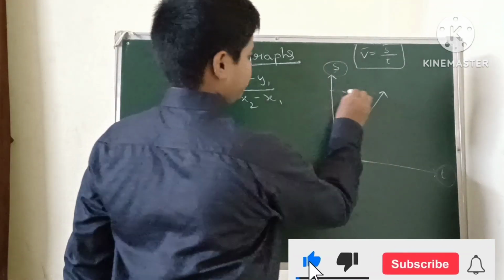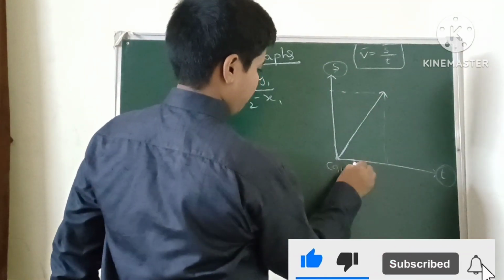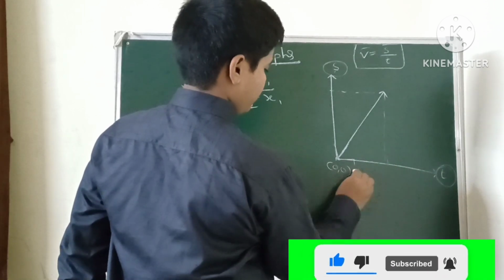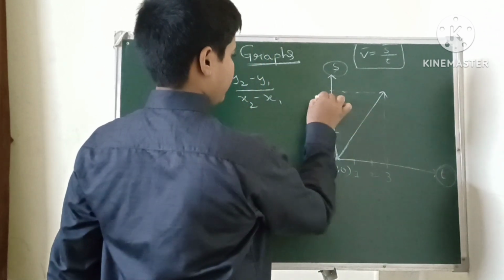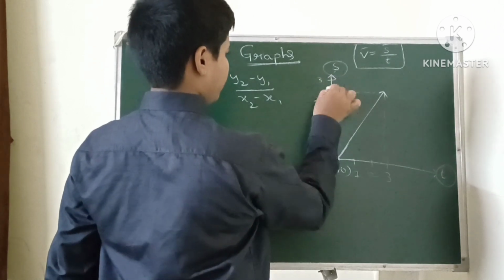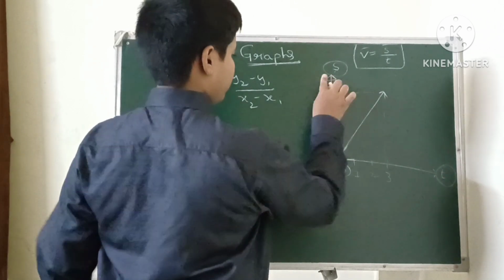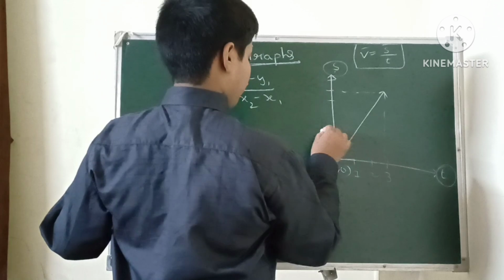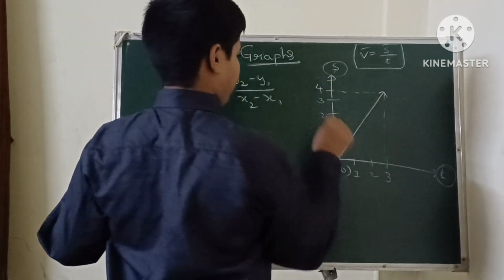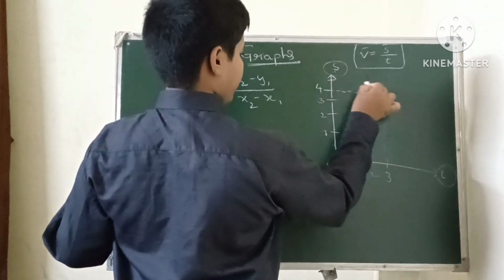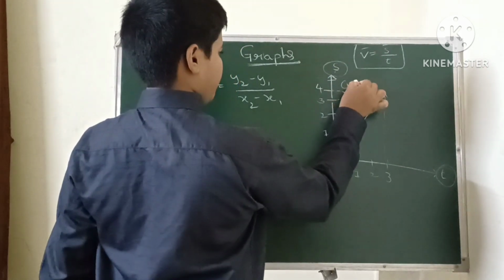And I am taking 1, 2, and this is 3, and 1, 2, 3, and this is 1, 2, 3, and 4. So this is 4. Here the y2 is 4.